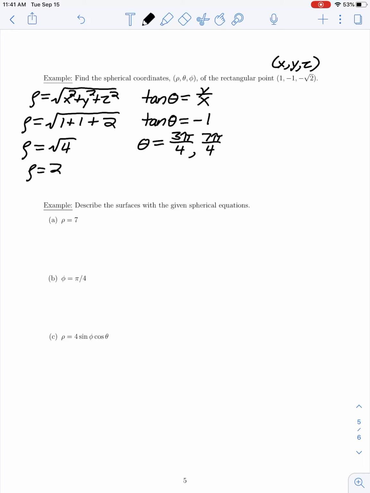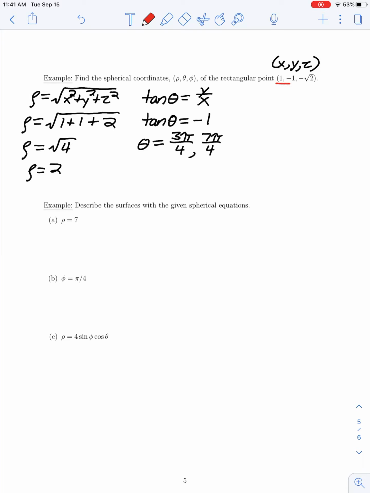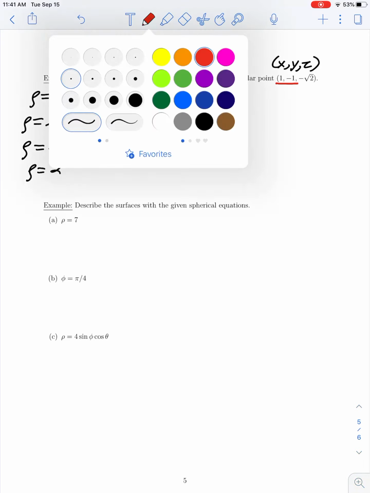And the question is, well, which angle do we want here? So we need to think about which quadrant this point lies in if we project onto the xy plane. And we can see from our point that x was positive, y was negative. So we're looking for a point in the fourth quadrant of our xy plane, which would correspond to the angle 7 pi over 4.